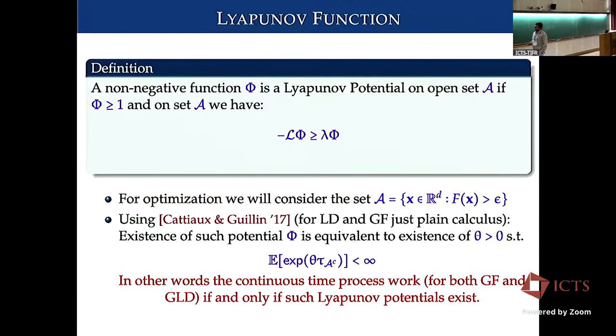Okay, but in other words, what this says is that the continuous process works, whether it's gradient flow or Langevin dynamics, if and only if the Lyapunov potential exists. Okay, so in some sense, looking for these Lyapunov potentials is the right thing to do, at least as far as the continuous time version is concerned.